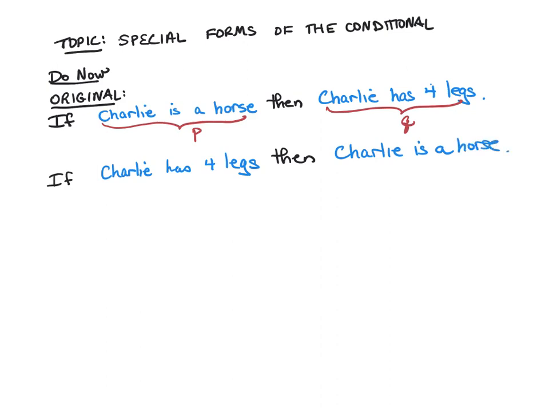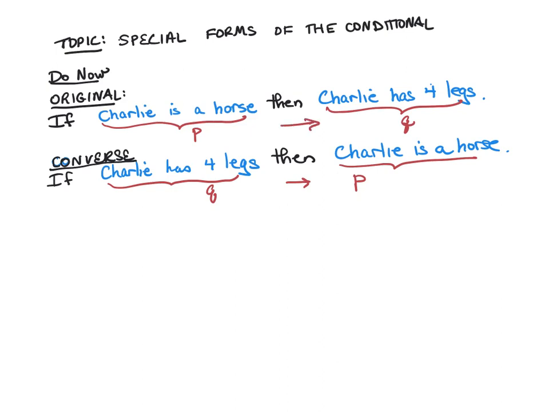Okay, when we flip the conditional and the antecedent becomes a consequent and vice versa, we call this the converse of the conditional. So let me just write that down for you. It's like the commutative property. So this is if Q, then P. Whereas the original one was if P, then Q.